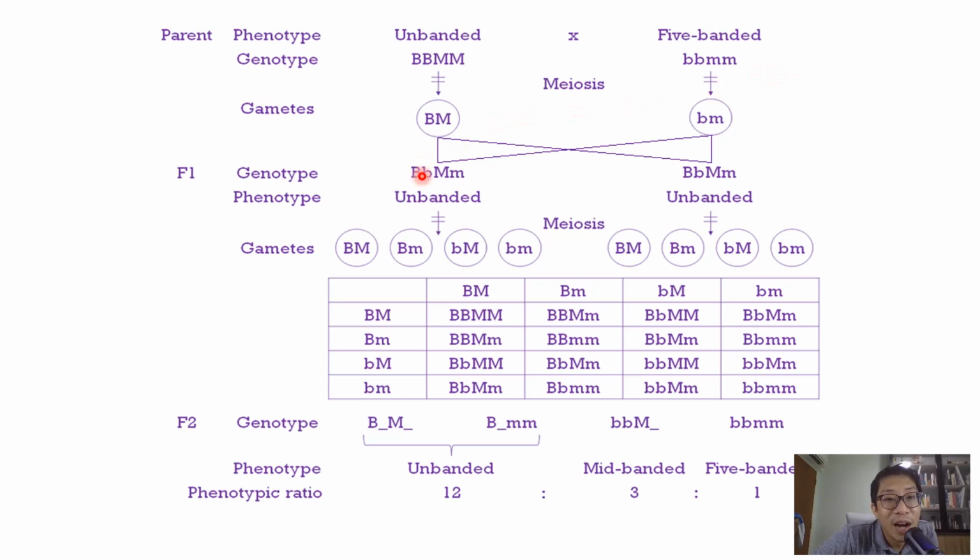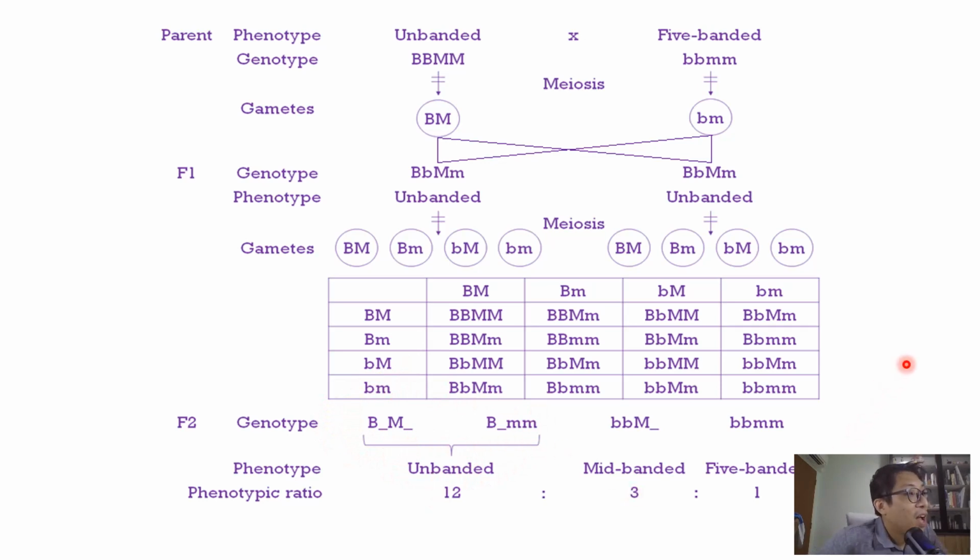So the F1 are double heterozygotes, which are interbred, so the siblings interbreed, which should give you the 9:3:3:1 ratio, but because of the dominant epistasis, it becomes 12:3:1 instead.